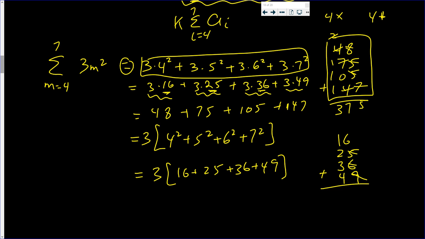15 and 5 is 21. 27. Just trying to think where I made my mistake. Okay, so I understand what's going on here.